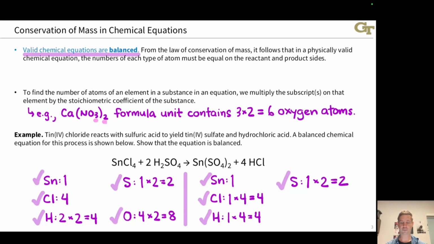And then we have 8 on the right, 4 oxygens in the SO4 2- anion. With 2 of those, 4 times 2 is 8. So this is a balanced chemical equation, and notice that we can check this. We'll do this again after we talk about how to balance, just by counting the numbers of each type of atom on both sides of the chemical equation.